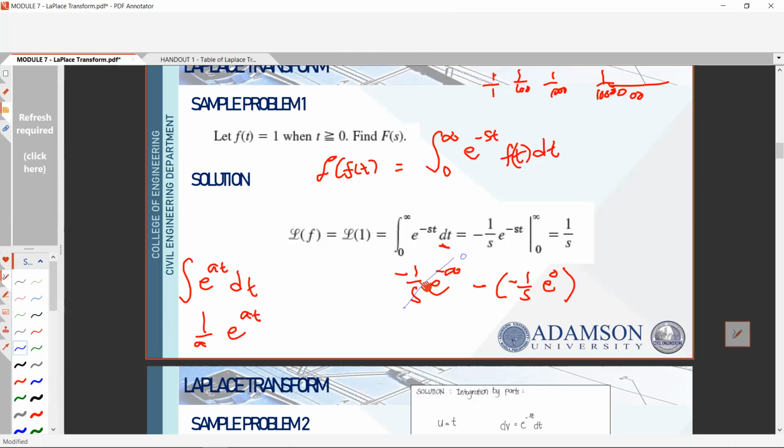Then ito, any number raised to 0 is 1. So therefore, ang natira na lang is 1 times negative 1 over s times negative, which is positive 1 over s. So ito yung answer natin, positive 1 over s.